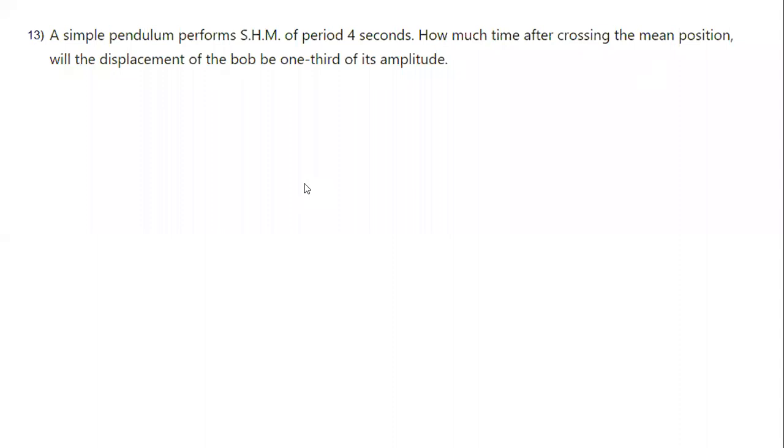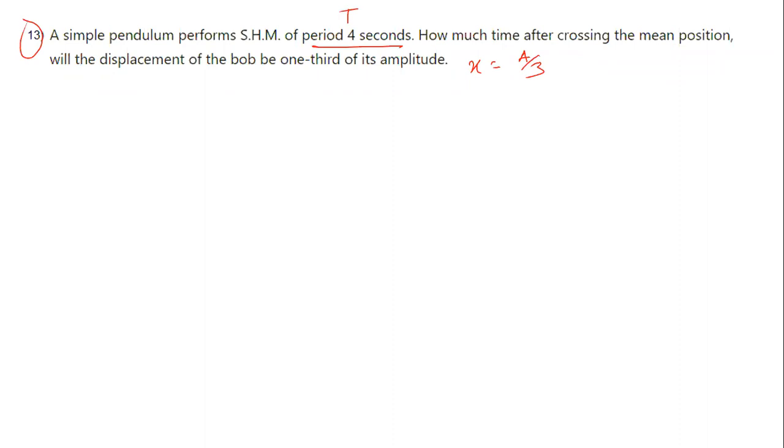Now problem number 13 from the exercise. A simple pendulum performs SHM of period 4 seconds. This is capital T. How much time after crossing the mean position will the displacement of the bob be 1/3 of its amplitude? So x is equal to a by 3 they have given.